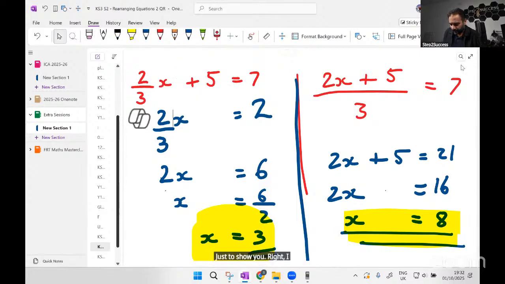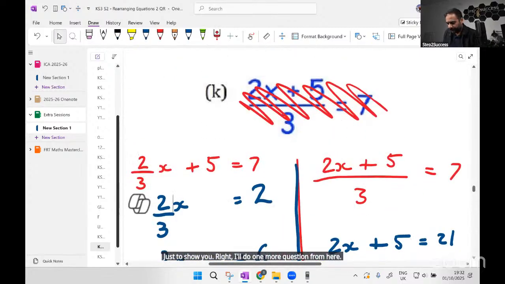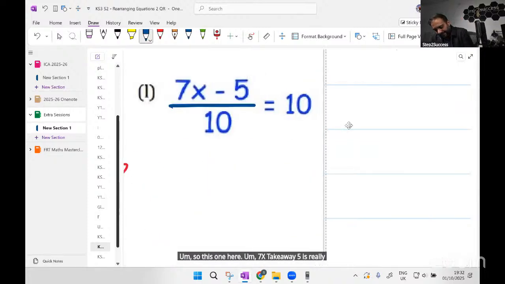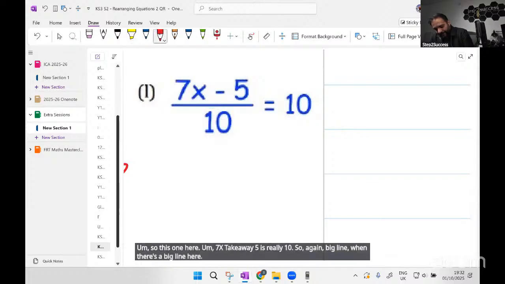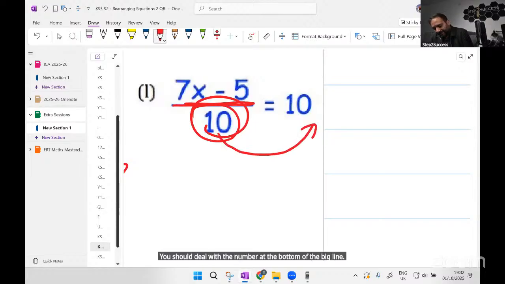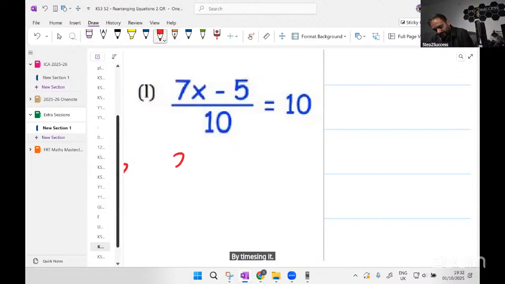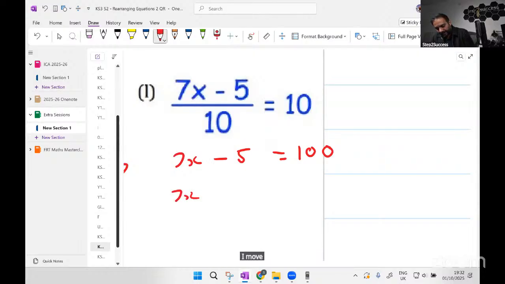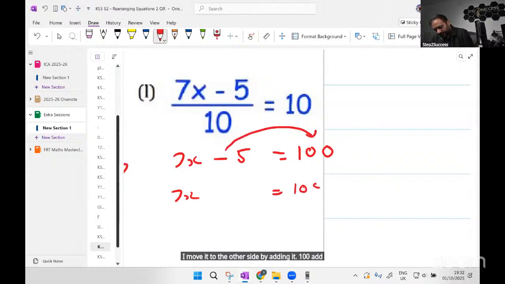Right, I'll do one more question from here. So this one here. 7x take away 5 is 10. So again, big line. When there's a big line here, you should deal with the number at the bottom of the big line by timesing it. So 10 times by 10 is 100. And then again, from here, we should be okay. Because that's a minus 5, I move it to the other side by adding it. 100 add 5 is 105.